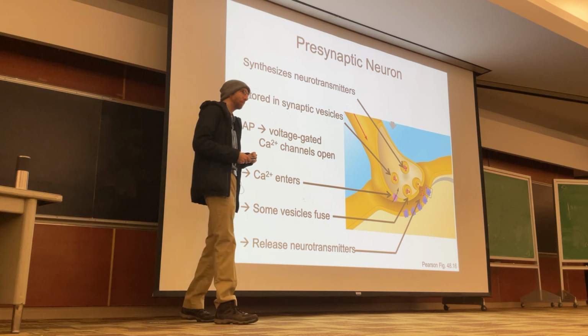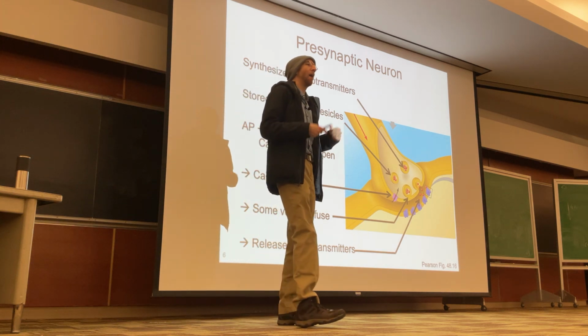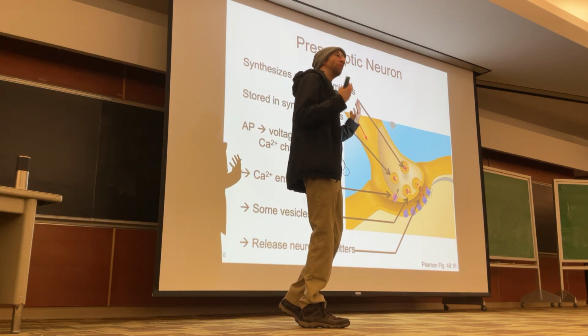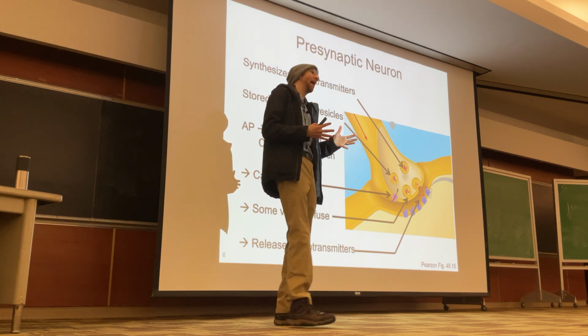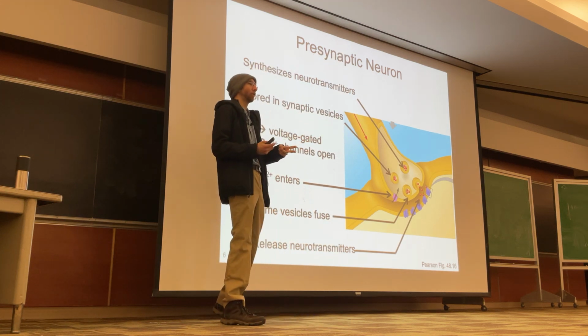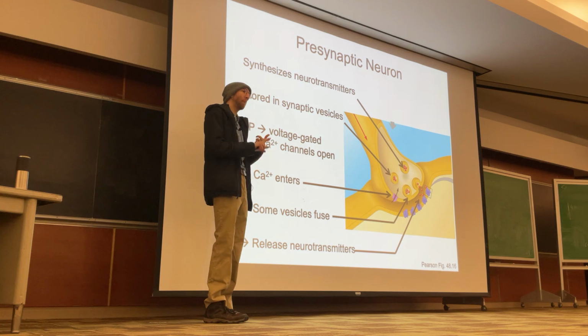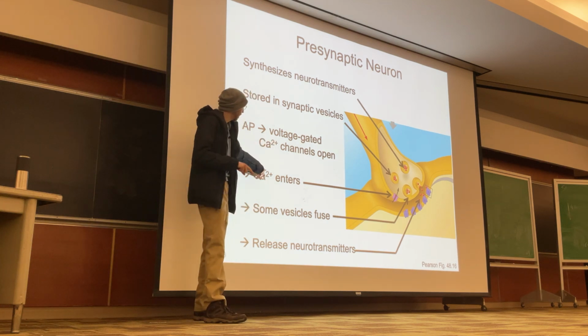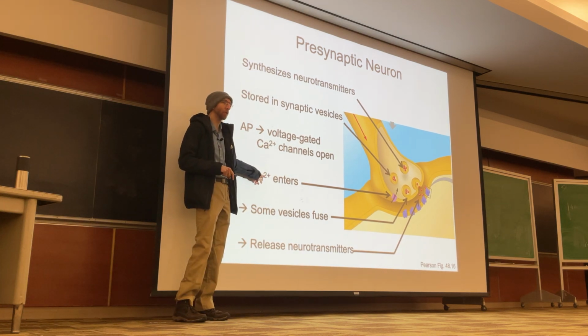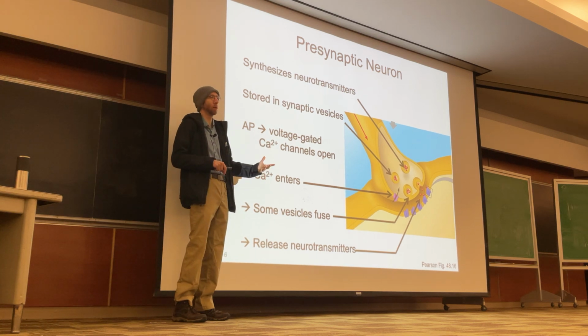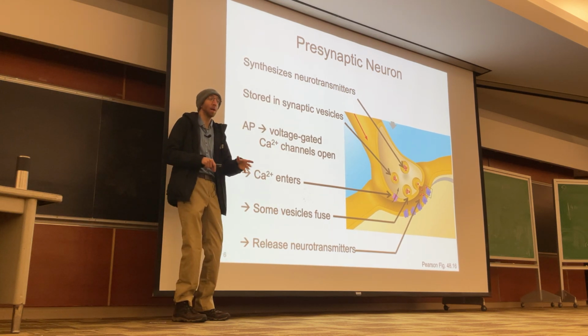Yeah. How does the rush of calcium cause the vesicles to fuse? I don't know. I do not know. And there are 2 options, and I'm not sure which is right. One option is that it's about the charge, because calcium has 2 units of positive charge, and things like sodium and potassium only have 1. So maybe it's something with that.